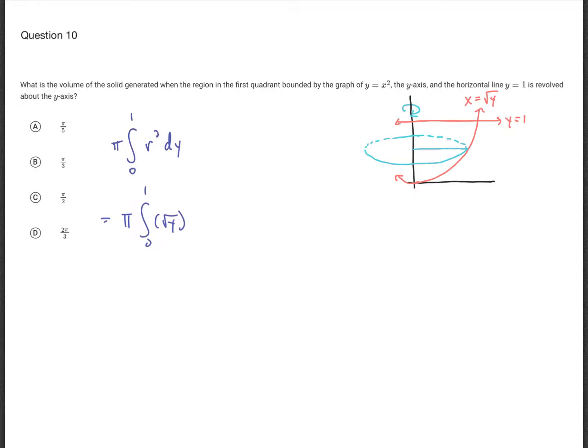We'll do square root y squared, which is really just y, as long as y is positive. Okay, integral of y is y squared over 2. Plug in 0, you get 0, so we don't have to worry about that. So just plug in 1, and you get pi over 2. And that's C.